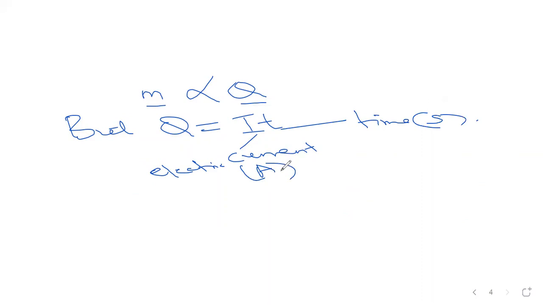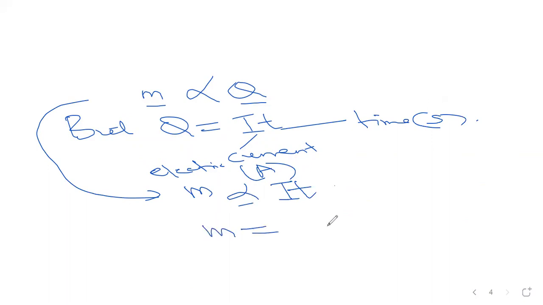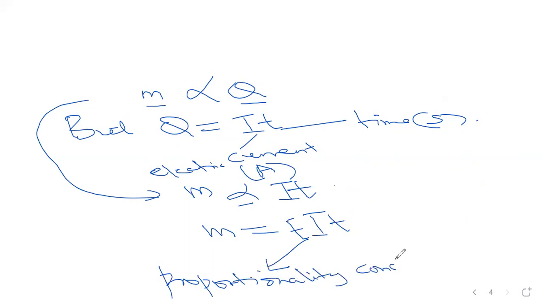So you are aware that Q is equal to IT. What does this imply? This implies that M is directly proportional to IT. When you remove the proportionality sign, you will introduce a constant here, which becomes the letter E. This constant that we introduce here is called the proportionality constant. If you don't call it the proportionality constant, you can call it the electrochemical equivalent.